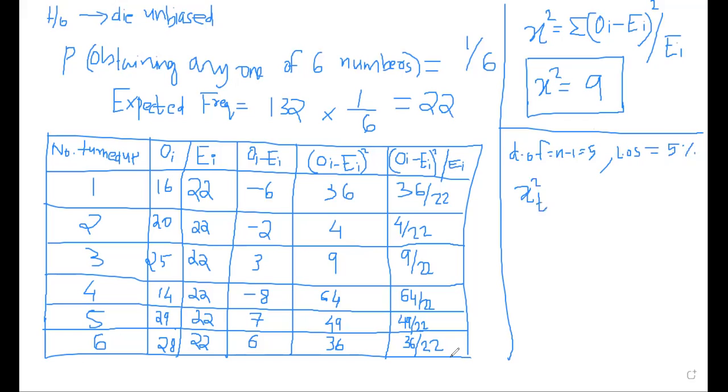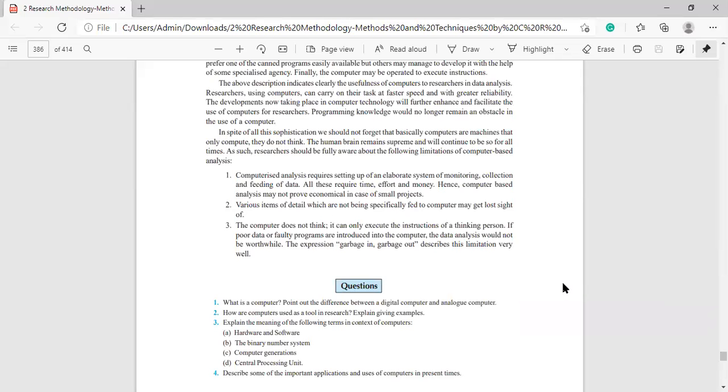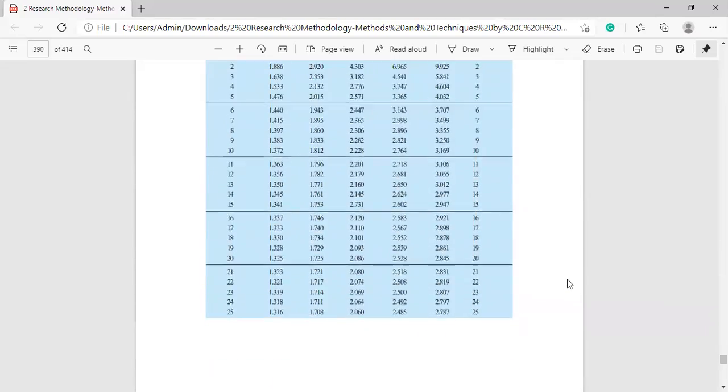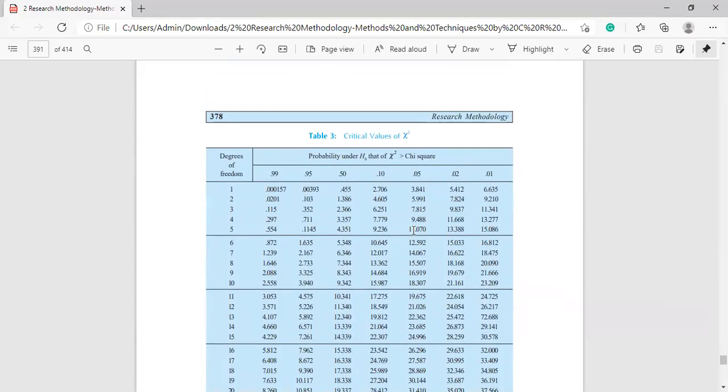Here you can see the critical values of chi-square. The level of significance is 5% and the degrees of freedom is 5.